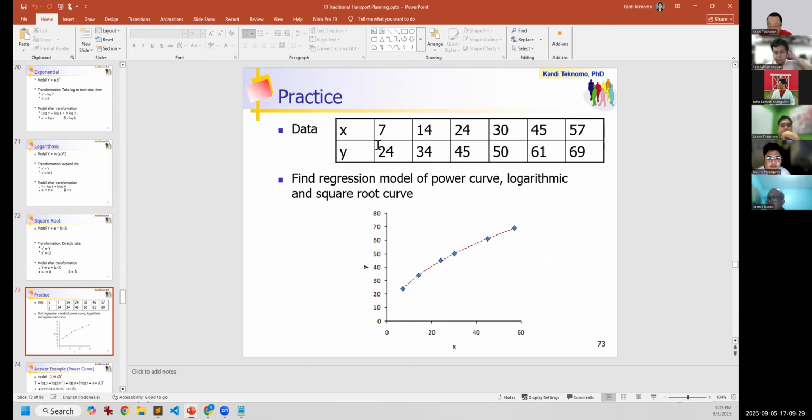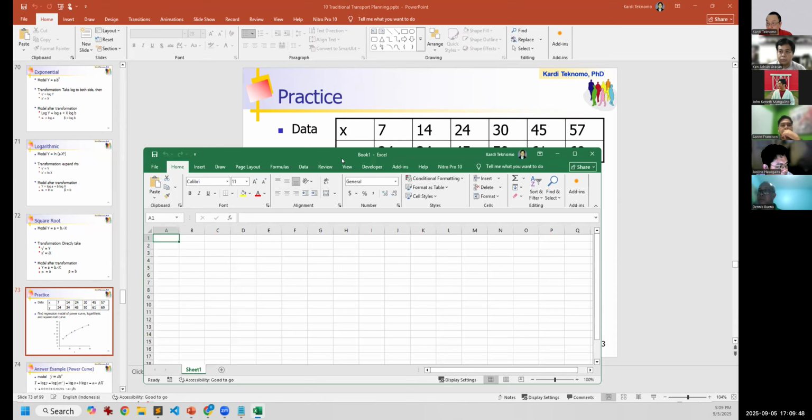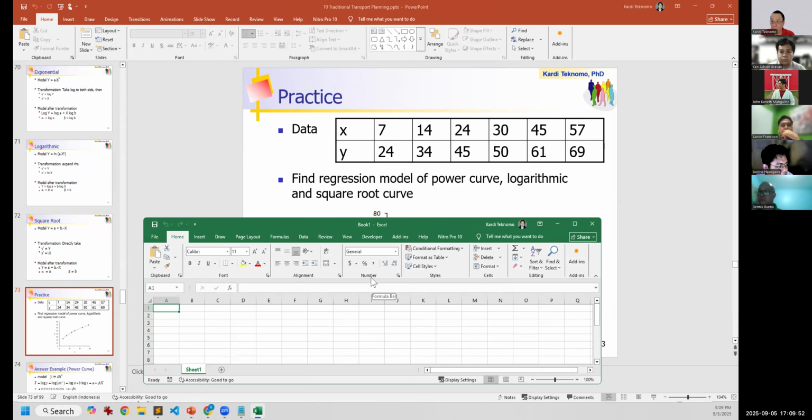Let's open Excel. Can you see the Excel here? You can also open your own. Then we put X and Y, and we type the data here.